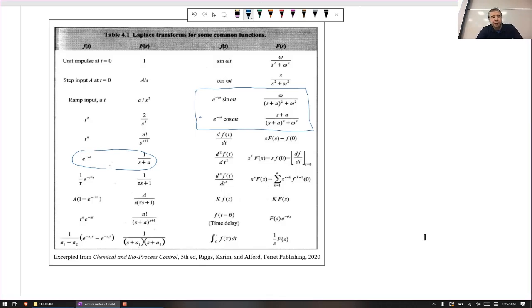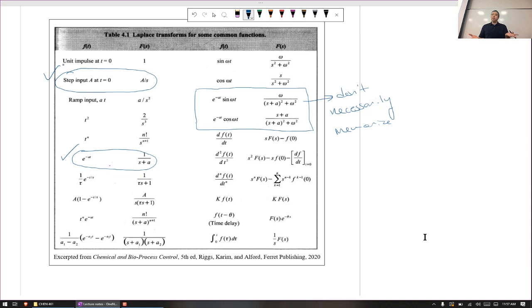Don't necessarily memorize the sine and cosine one, but definitely memorize the e to the minus at, and definitely memorize this one, the step input. Those two I would definitely memorize because they keep popping up over and over again.